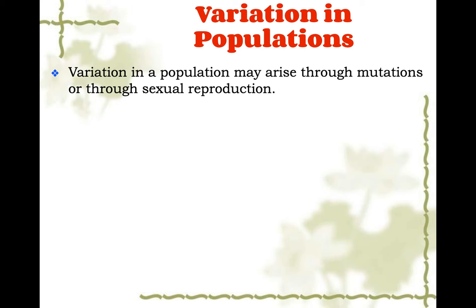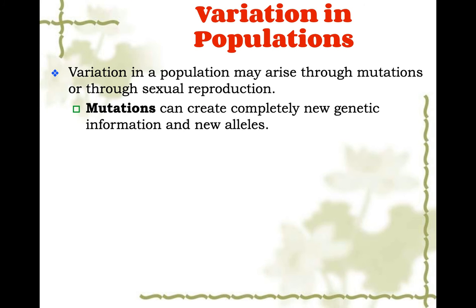One is mutations, and the second is through sexual reproduction. If a mutation occurs, it can create completely new genetic information, new alleles, new characteristics. So that's one way we get variation in a population.